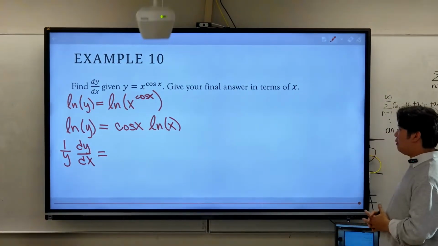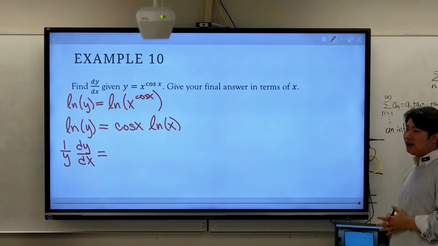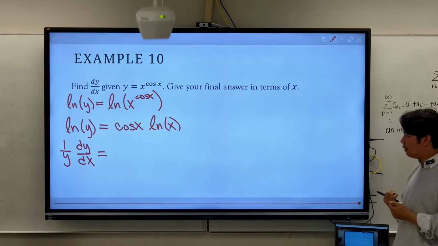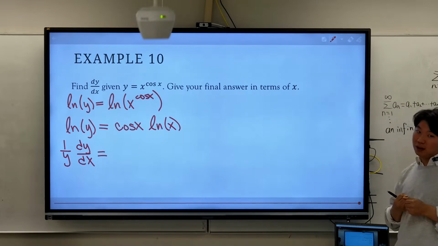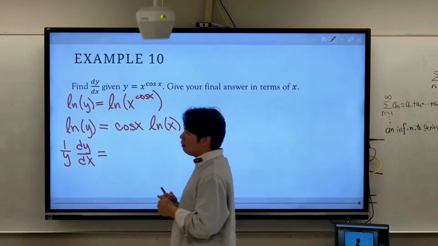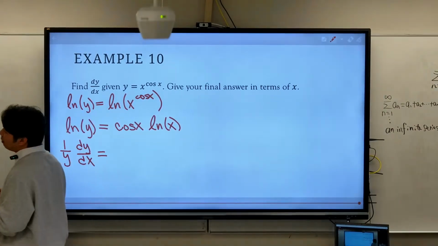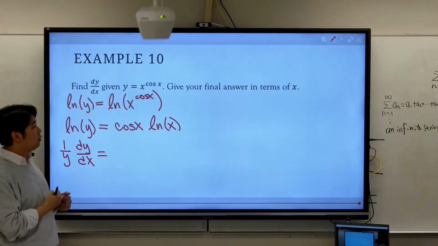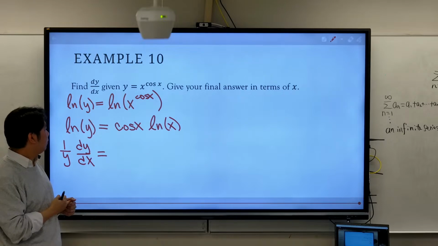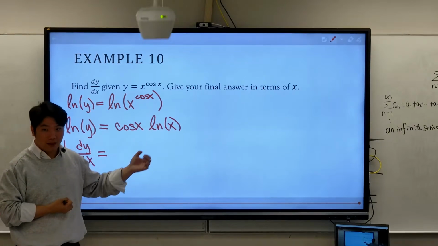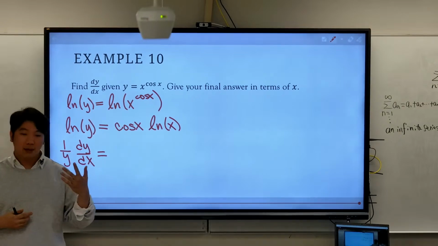On the right, what rule or rules am I going to end up using here? Yeah, we need the derivative of cosine. We need the derivative of the logarithm. What other rule are we going to need? There's one more very important rule that's going to be used here. Yeah, we have a product rule because these are two things being multiplied together. It's a product. So I need the product rule.